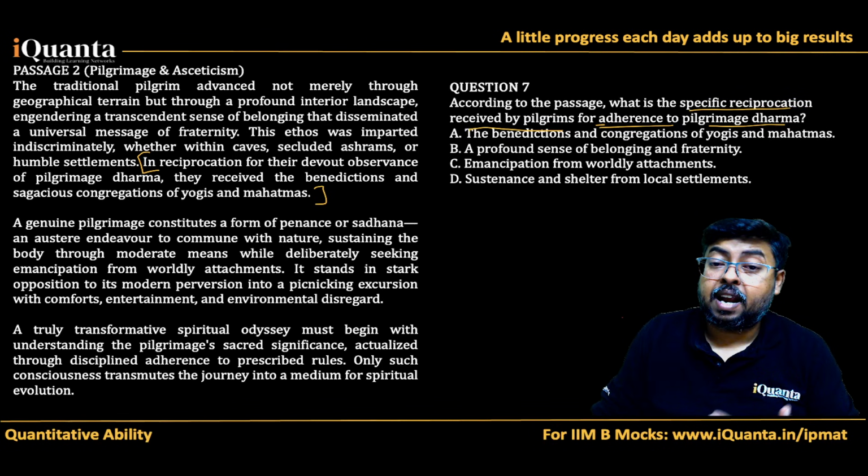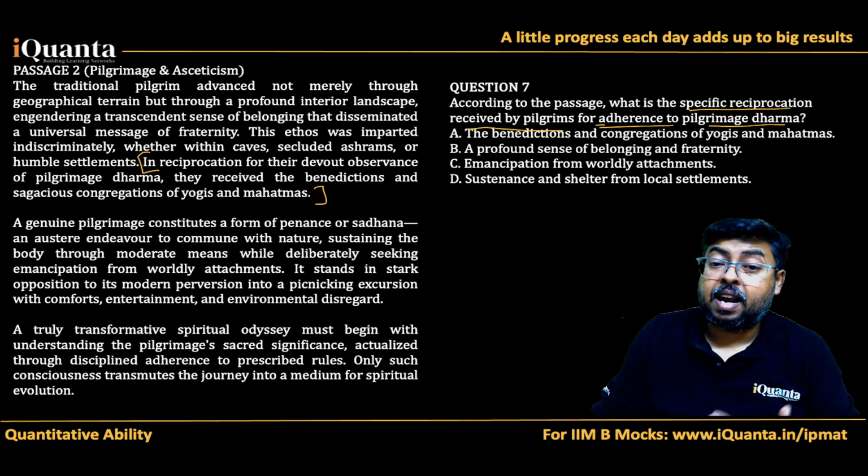Next, B part says profound sense of belonging and fraternity. It was there, but then again, B was not the reciprocation as it is clearly mentioned. So B, though it is a part of the passage, cannot be the answer. Emancipation from worldly attachment, again, not the answer to the reciprocation, but it is still there.